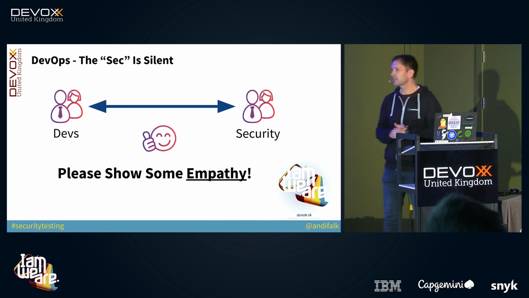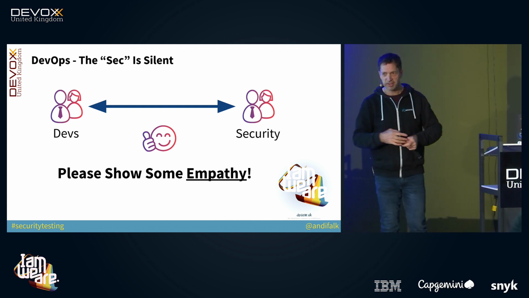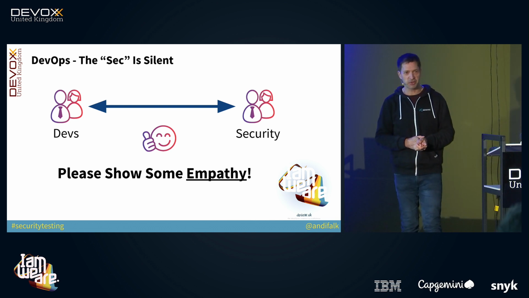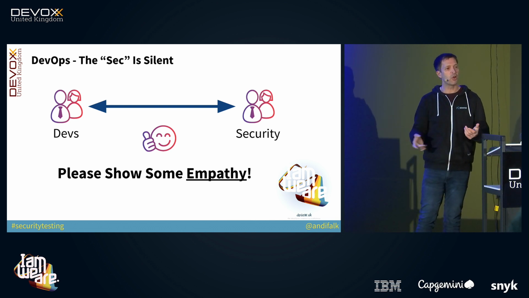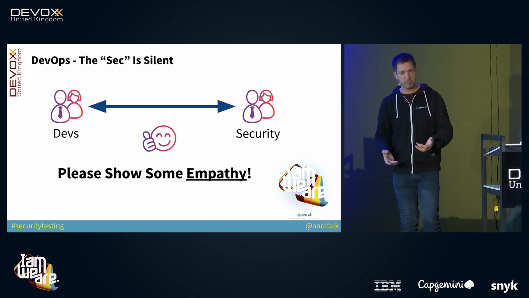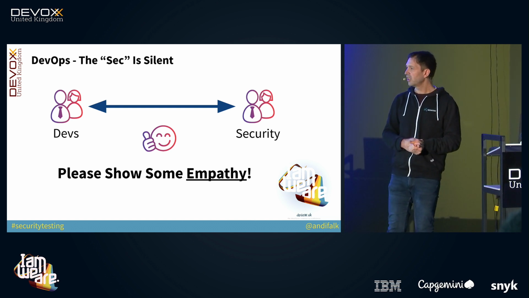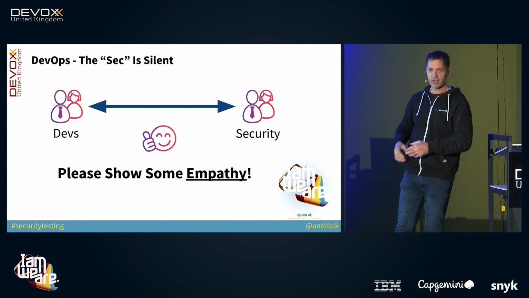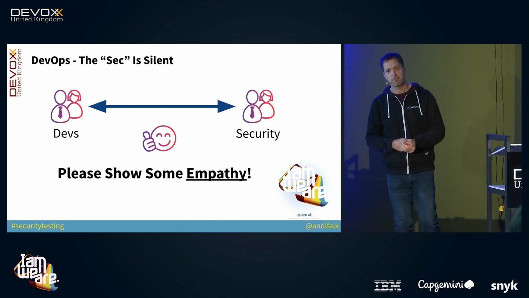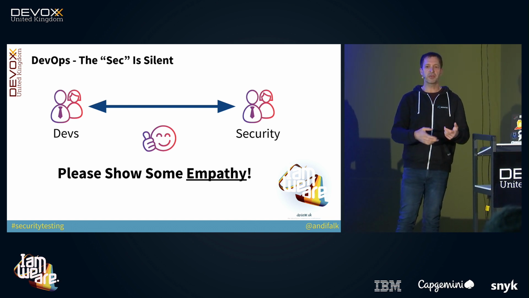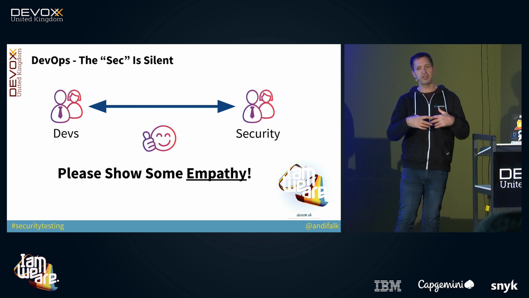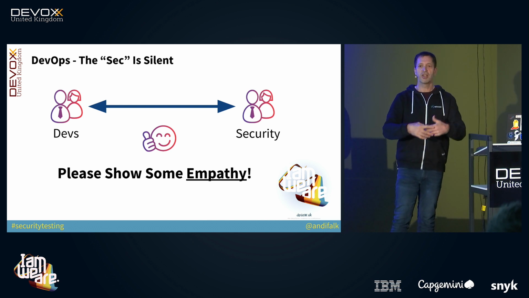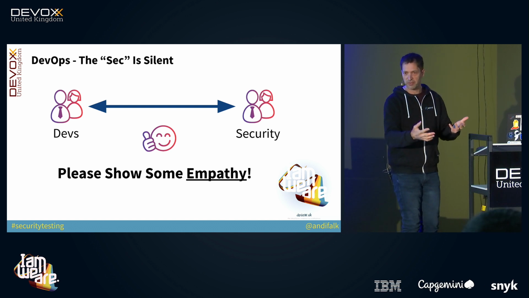And every talk should have a DevOps slide. So this is mine: DevOps, the Sec is silent. So we don't call it DevSecOps anymore. Security should always be part of the DevOps approach. I want to call for devs and security people to show some empathy for each other. Why not step into the daily work of a security professional, and the security professional should also try working as a dev for one day.